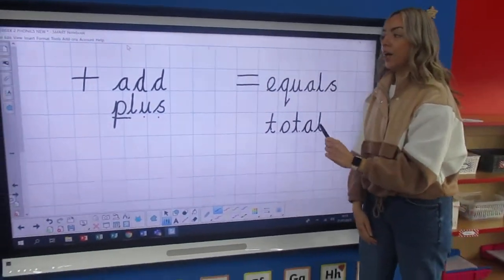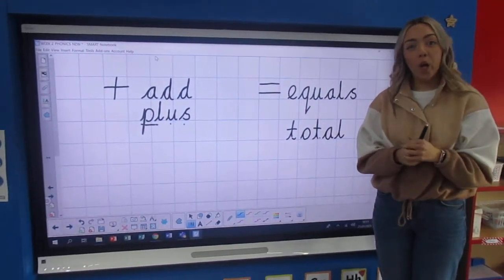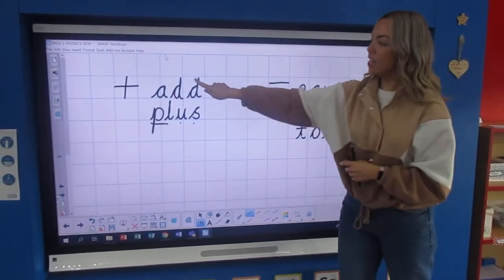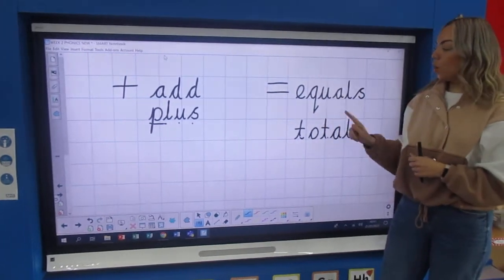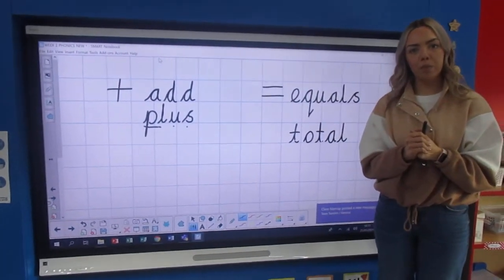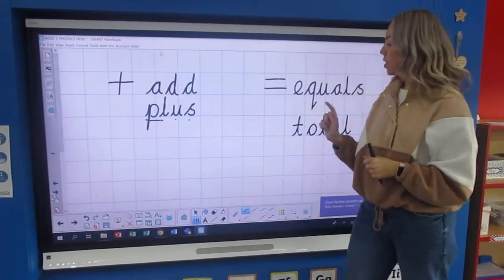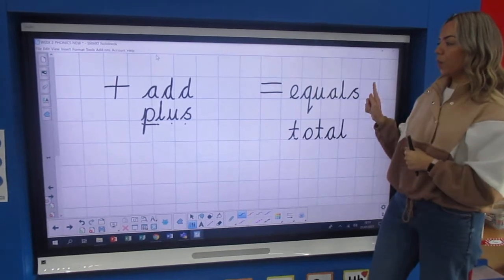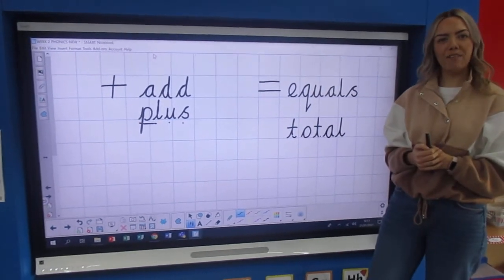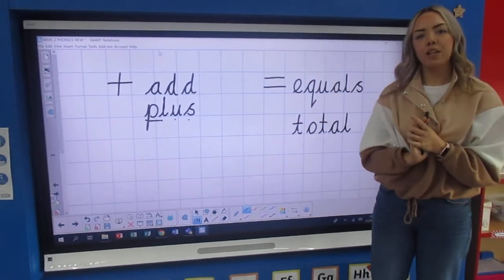And these words, year one, will really help you when we get to some word problems, okay? Because this vocabulary will help you know how to answer the questions when we get to our workbooks. So this morning, our brains are thinking about symbols and words, okay? So symbols and vocabulary.